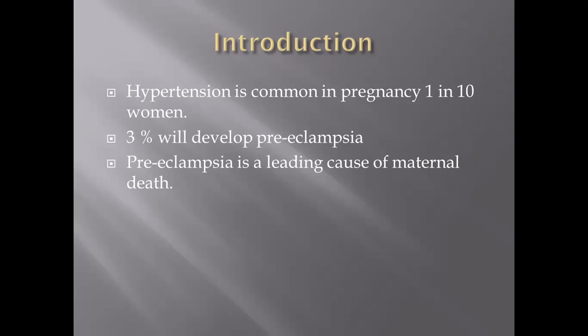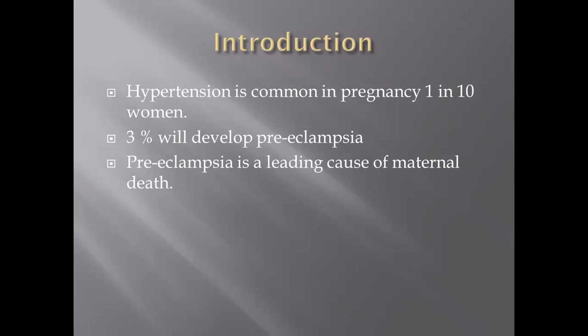The majority of these women have gestational hypertension, also called pregnancy-induced hypertension. This means they have normal blood pressure before pregnancy, but in pregnancy they have high blood pressure. Gestational hypertension is not associated with adverse outcomes. However, 3% of these women will develop preeclampsia.